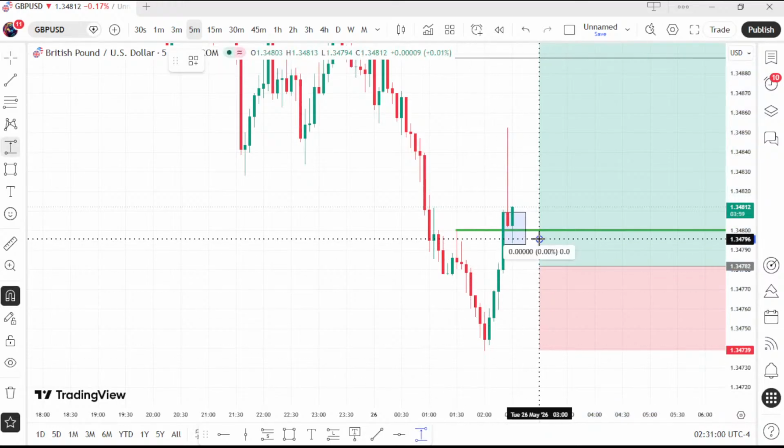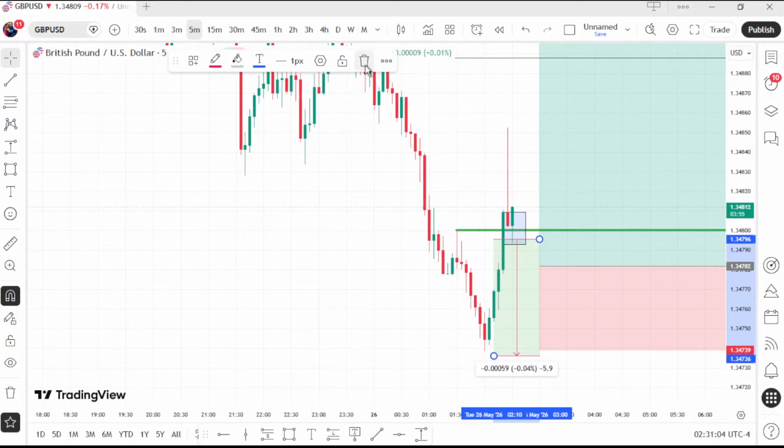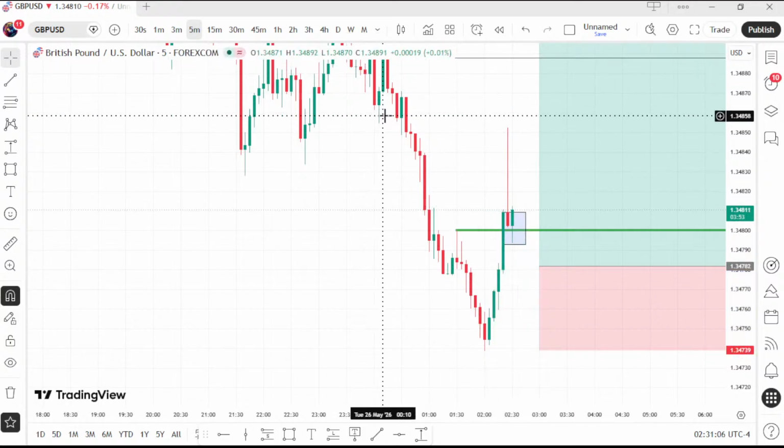You see that there market structure shift, less than 5 pips. It's actually 231.